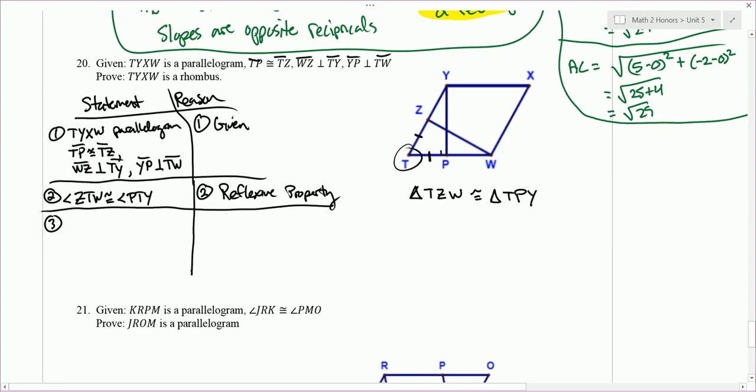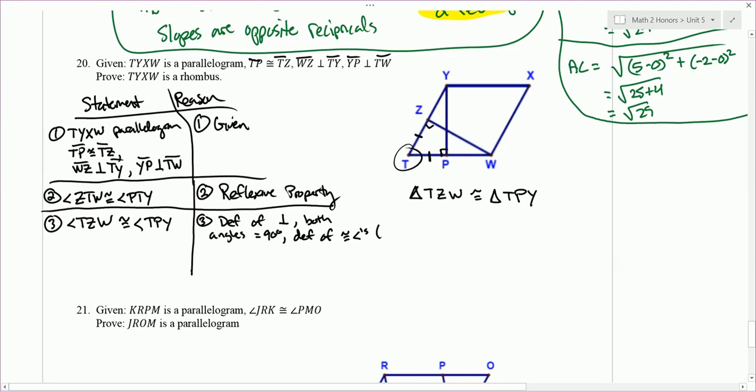Third, something that is in the givens, I'm just going to state it here, angle TZW is congruent to angle TPY. And the reason is, well, from the givens, they're both 90 degrees, they're perpendicular. So using the definition of perpendicular, we get that both angles equal 90 degrees, and we're using the definition of congruent angles to say that they're congruent.